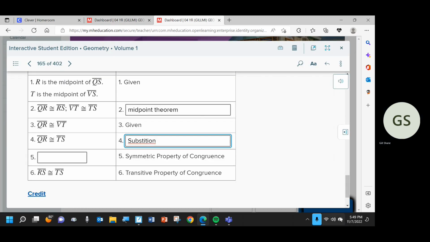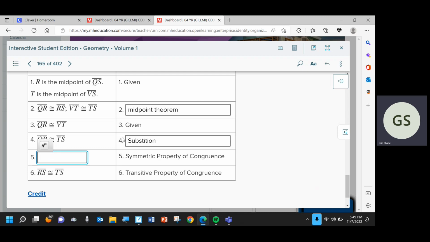My battery's at 16%. Oh, so this right here, we'd actually be done in my book because we would have already gone. I would use substitution again because I would just replace QR.